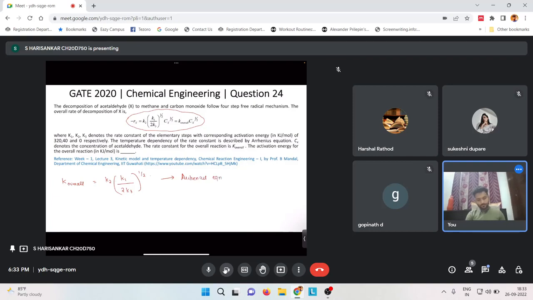So by Arrhenius, K is equal to K0 e^(-E/RT). So what we have to do here is substitute this Arrhenius law into these K1, K2 and K3. So let's see how we can do that.